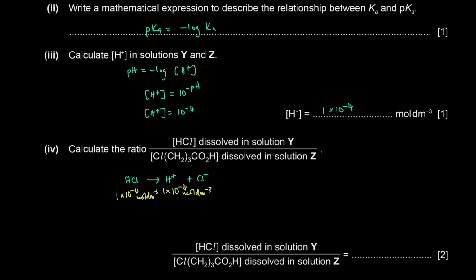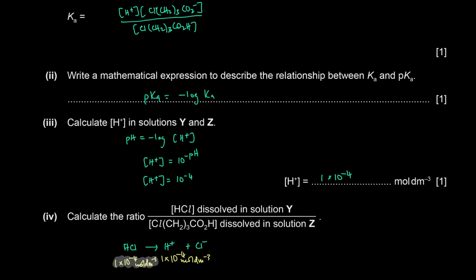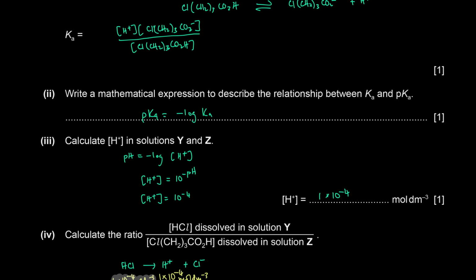So we have the concentration of HCl already. We need to find the concentration of 4-chlorobutanoic acid. Now, how do we do that? Well, we have the expression for the Ka of 4-chlorobutanoic acid, right? It's right here. And we need to find the concentration of the acid in this solution.